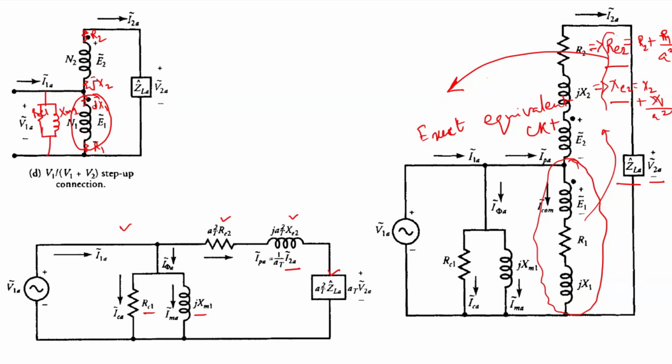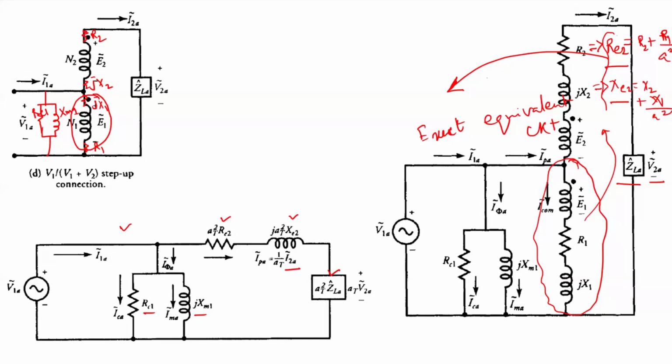Okay, so when a two-winding transformer is represented as an autotransformer, we have 4 different combinations, and for each combination we can draw the exact equivalent circuit as well as the approximate equivalent circuit.